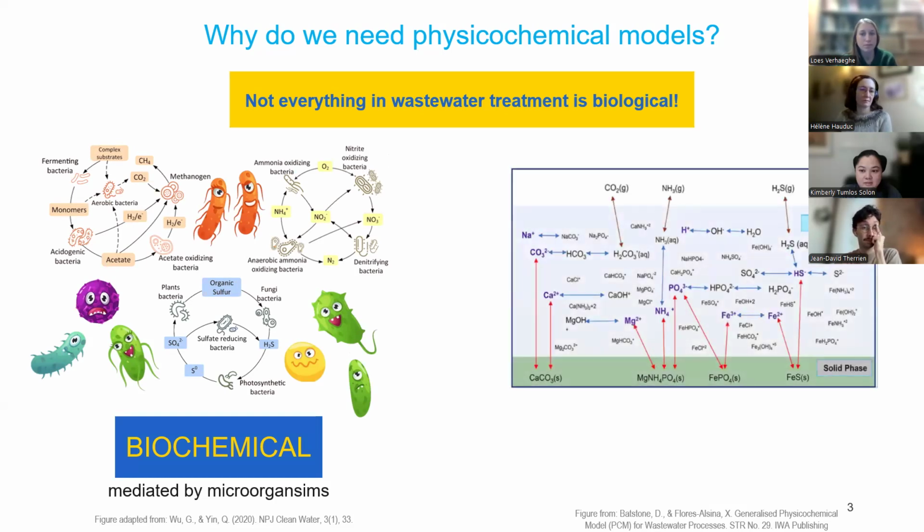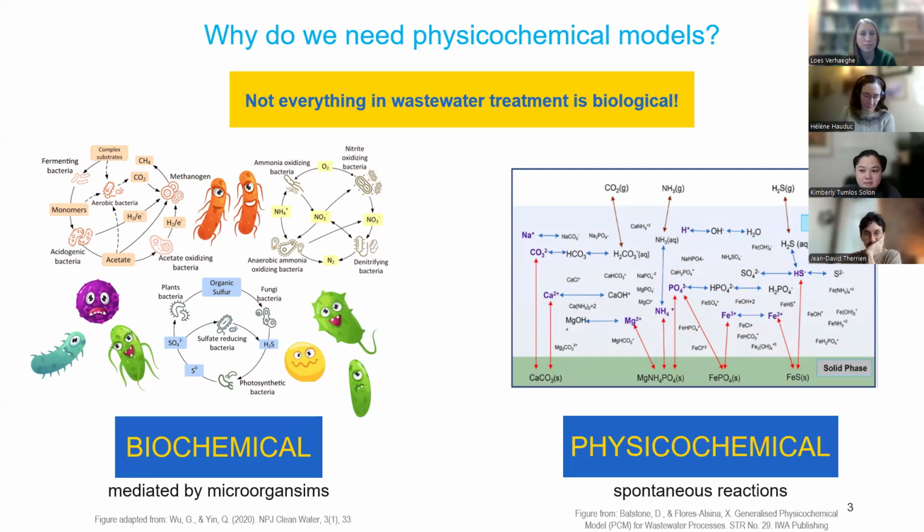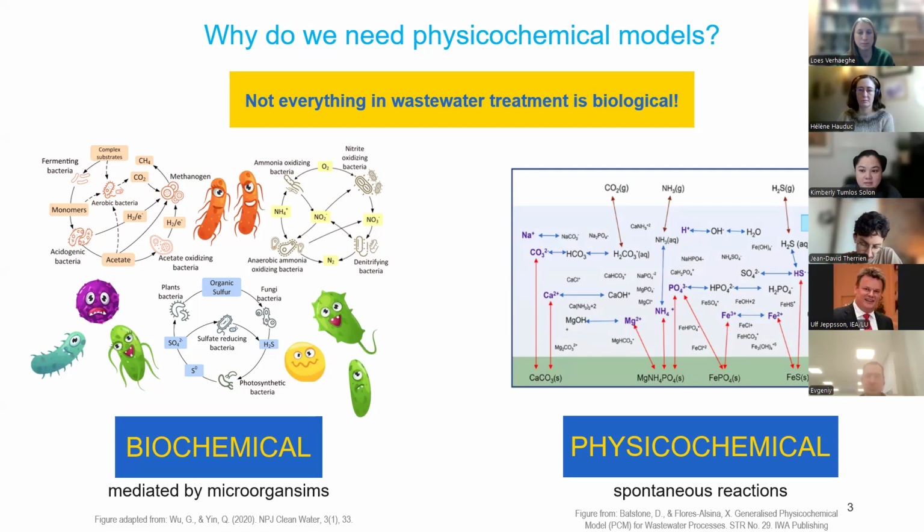But looking at the right side, this is a figure of the physical-chemical reactions that also happen spontaneously. For these physical-chemical reactions, no microorganisms are required. For example, CO2 transferring to the gas phase, calcium and phosphate forming solids, and iron species changing oxidation states.